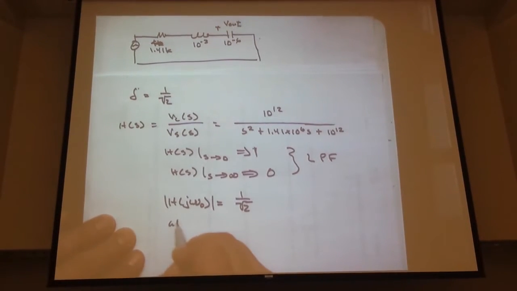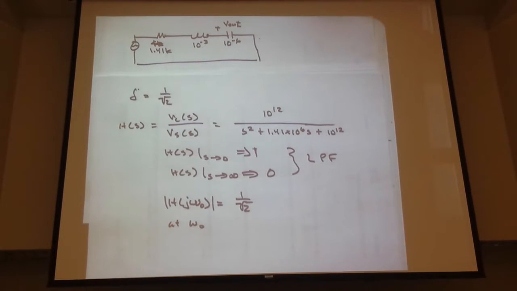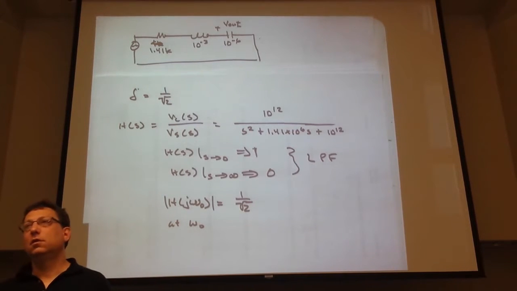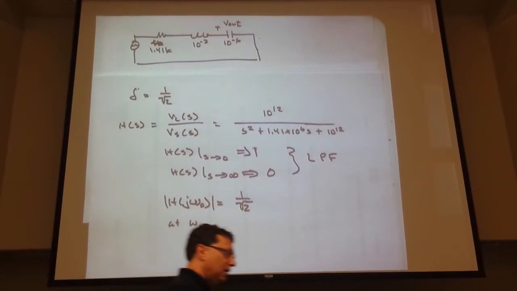At omega naught, what would our correction be to our critically damped straight line approximation? Well, what's 20 log 1 over square root of 2? You know this. Negative 3.